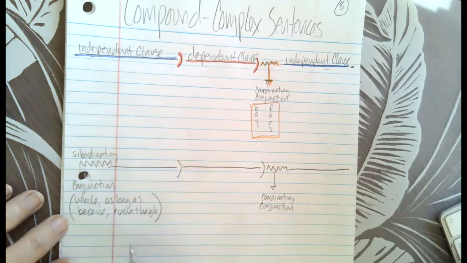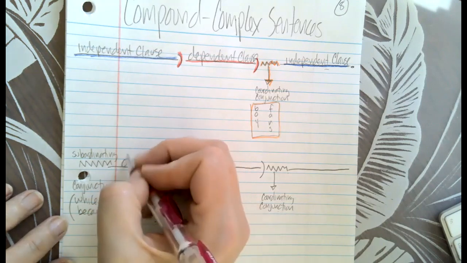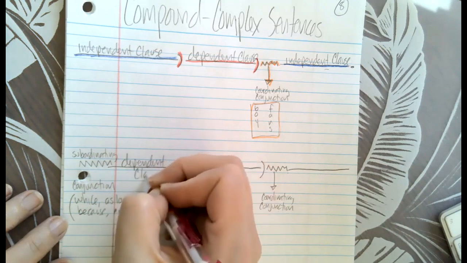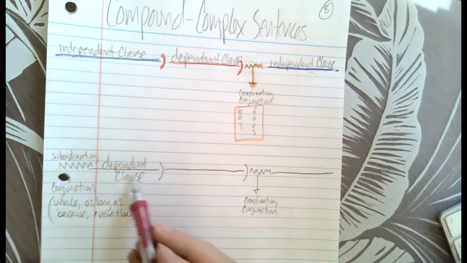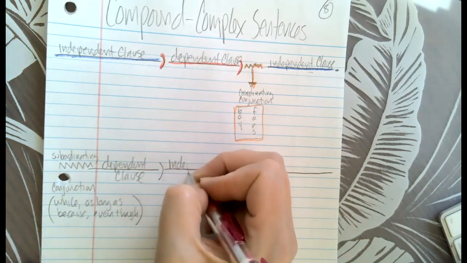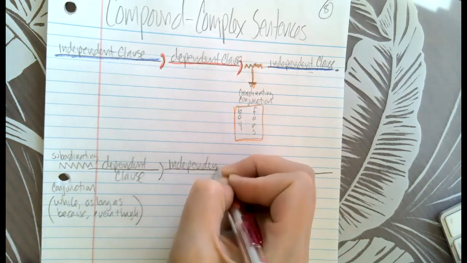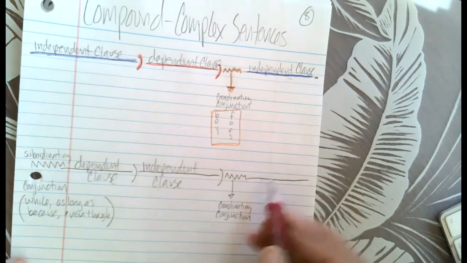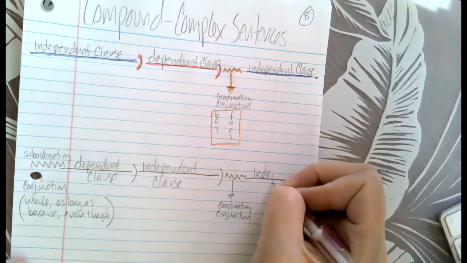When we start a sentence or a thought with one of these words, we are forcing a dependent clause. Okay, and then we're going to separate that from the independent clause. And then we have another independent clause.